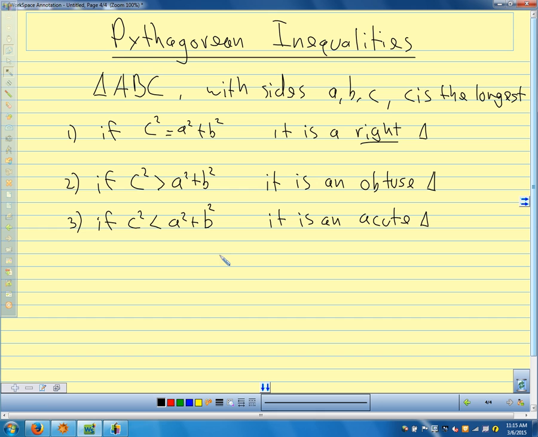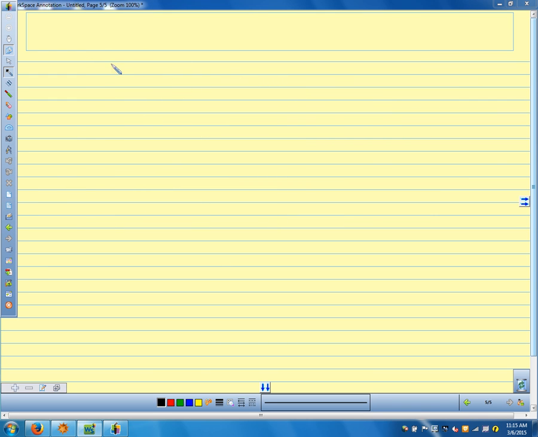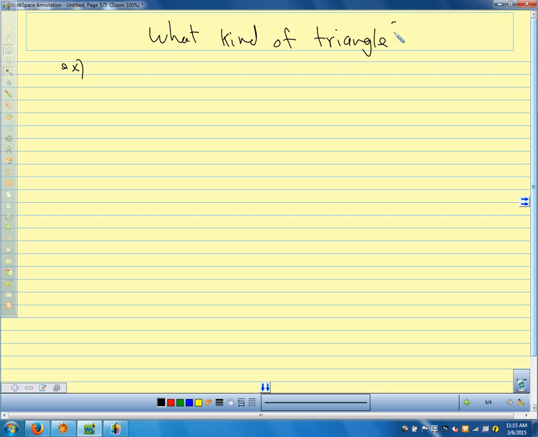All right, questions on our inequalities? Pretty easy ideas. So the kind of question you might have with these inequalities would say classify the triangle. I'm going to just say what kind of triangle. So these are the sides.